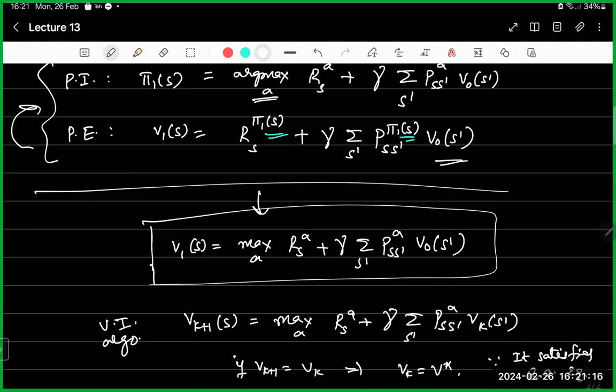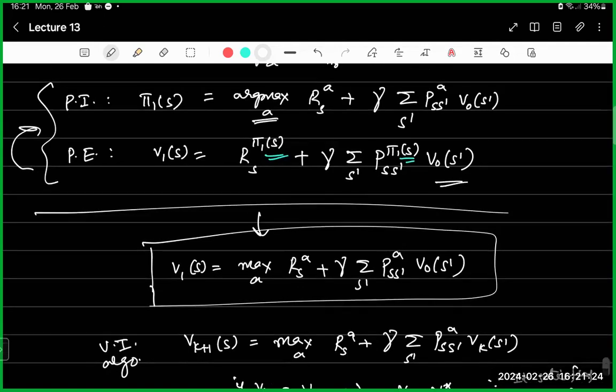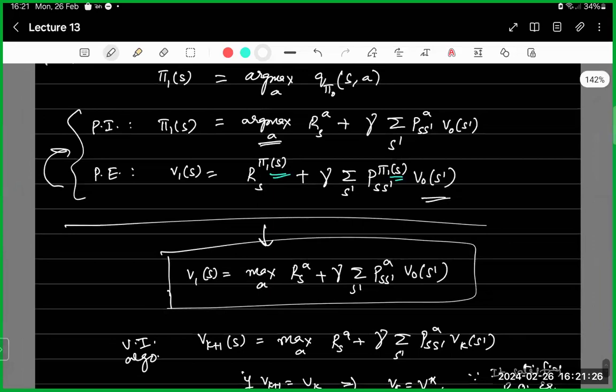Is this clear? So just applying policy improvement once and then doing policy evaluation just for one step, both these updates together is equivalent to doing an iteration over this optimality equation.